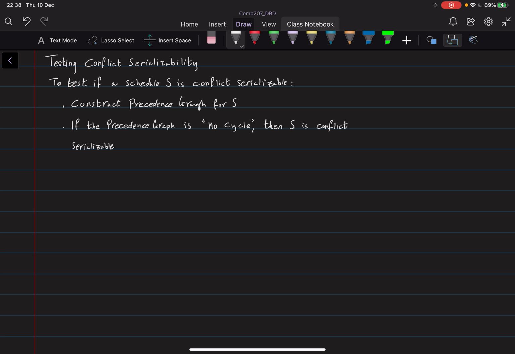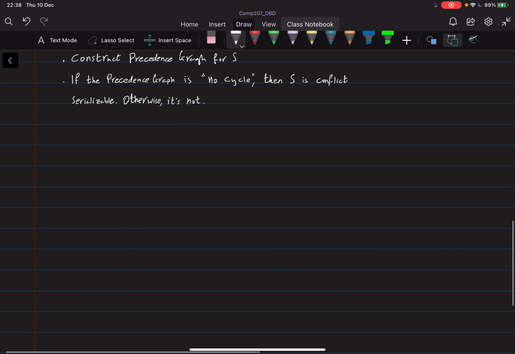And of course, otherwise it's not, just to make it clear. Which means if it has a cycle, it is not conflict serializable.